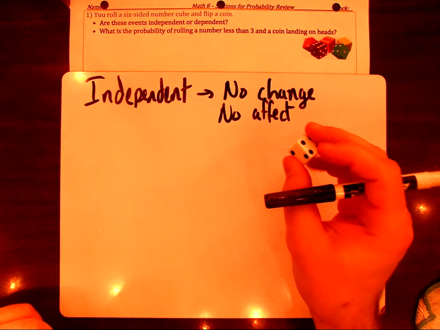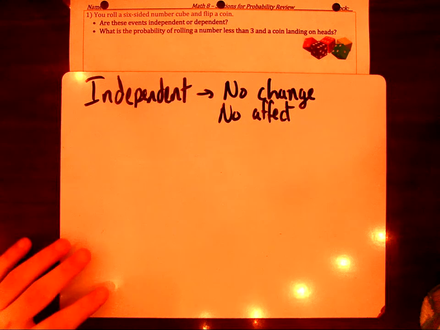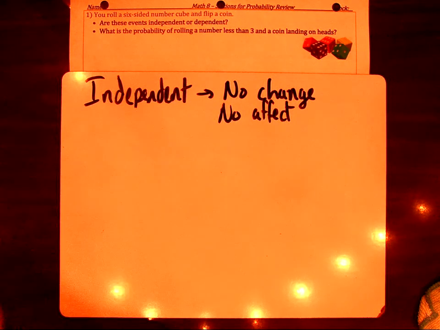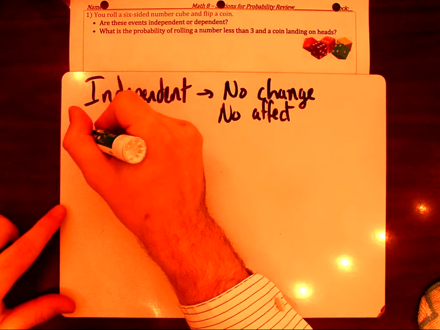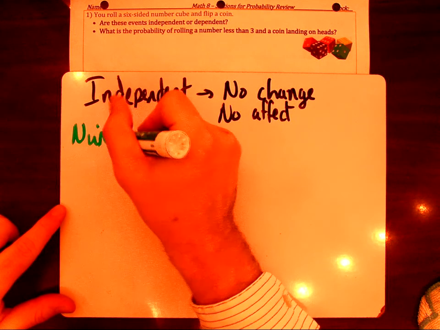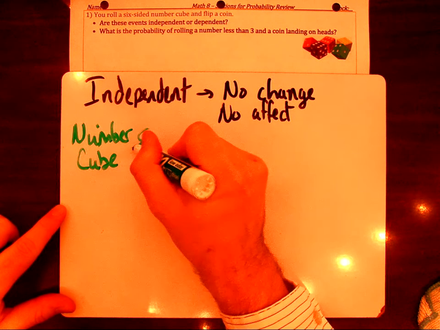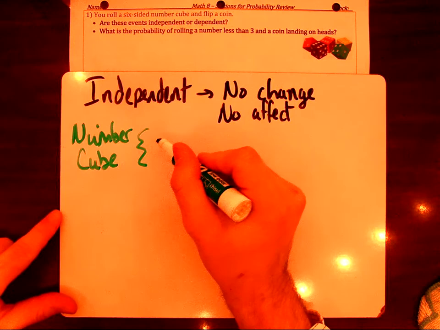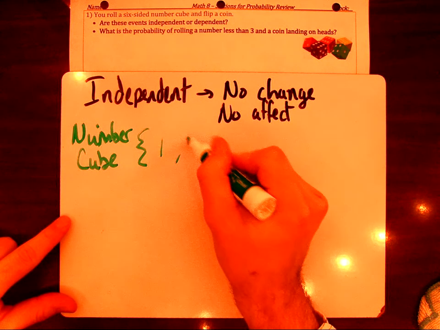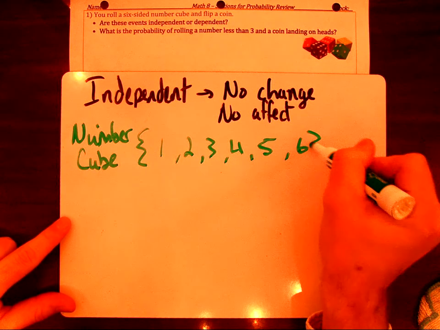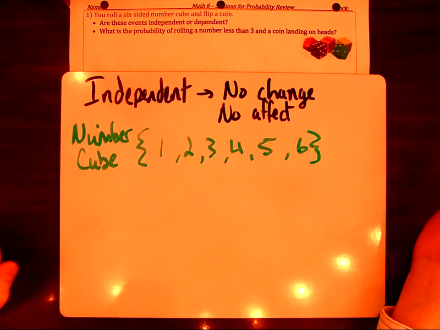So again, we have 6 sides. Well, it has 6 total sides. So it has a 1, a 2, a 3, a 4, a 5, and a 6. So those are the possible numbers that you can get.